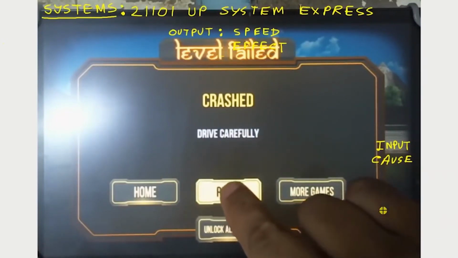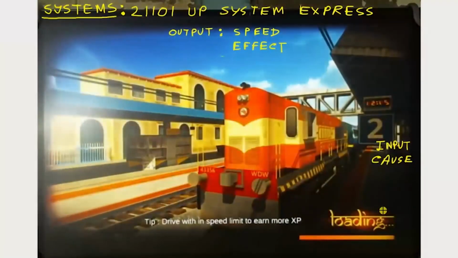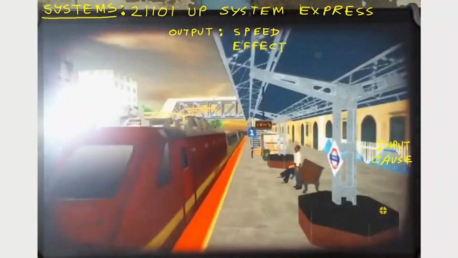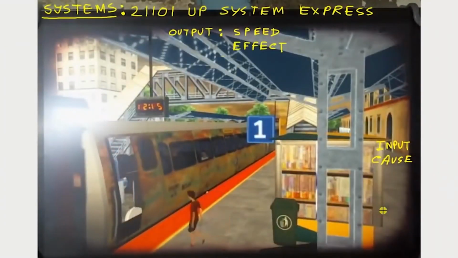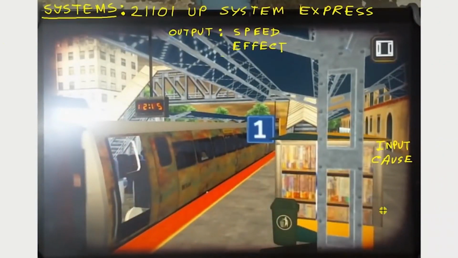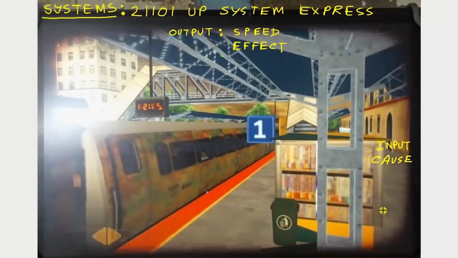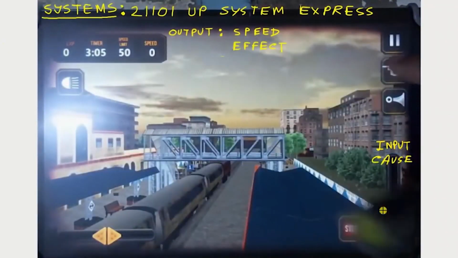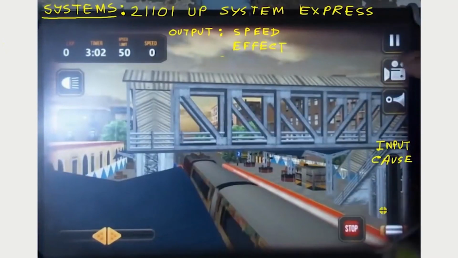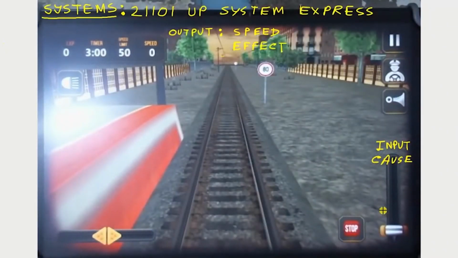Now I can retry this game, and this time I will keep the speed very low so that I can stop the train whenever I want very quickly. But if I keep the speed of the train very slow, then I shall reach my destination station very late.